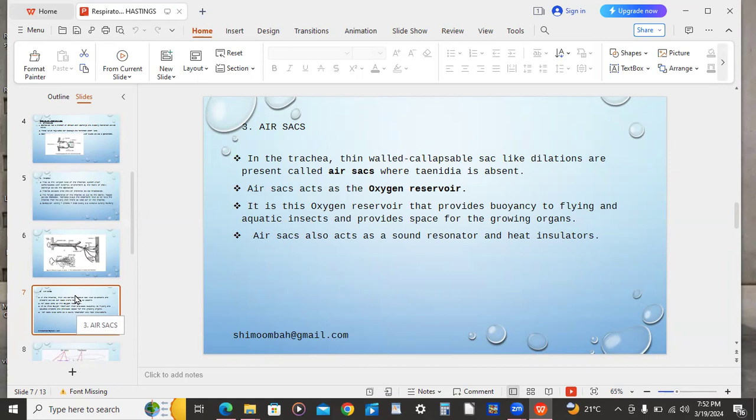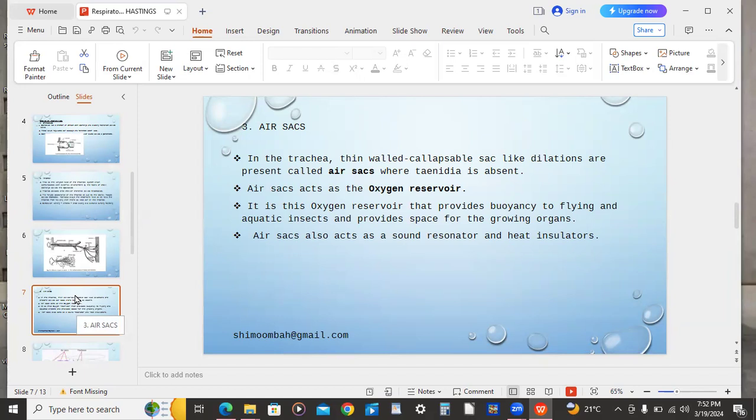An example we can give is insects that float on top of water, like water bugs. It is because of this mechanism, the oxygen reservoir, that it has the ability to float on top of water.